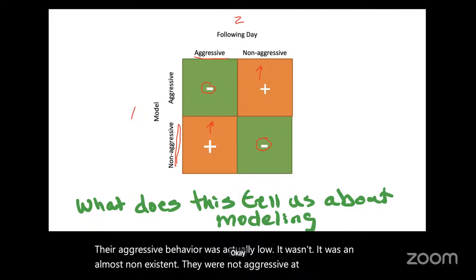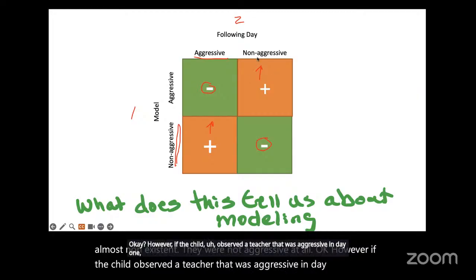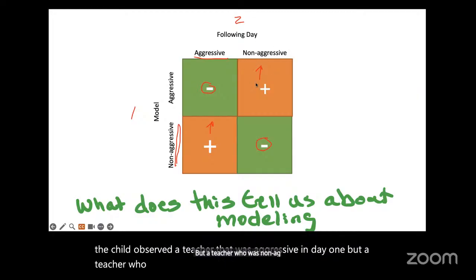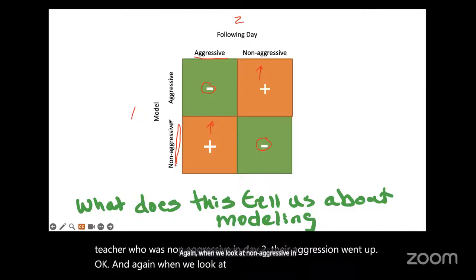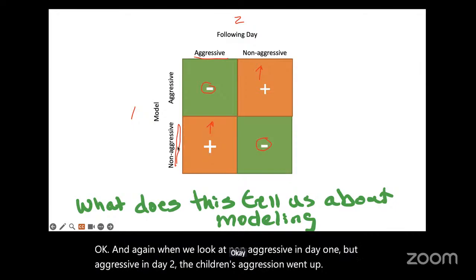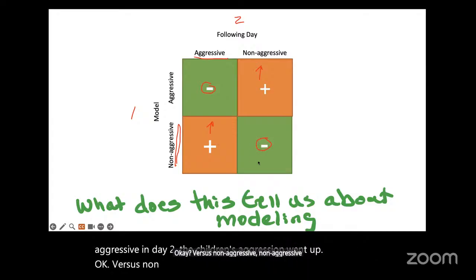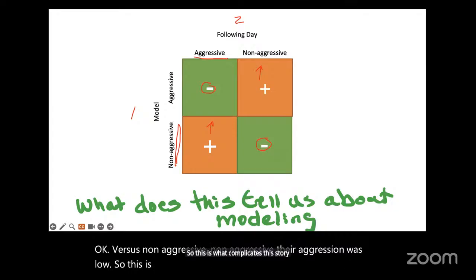However, if the child observed a teacher that was aggressive on day one, but a teacher who was non-aggressive on day two, their aggression went up. And again, when we look at non-aggressive on day one, but aggressive on day two, the children's aggression went up. Versus non-aggressive, non-aggressive, their aggression was low. So this is what complicates this story a lot more.